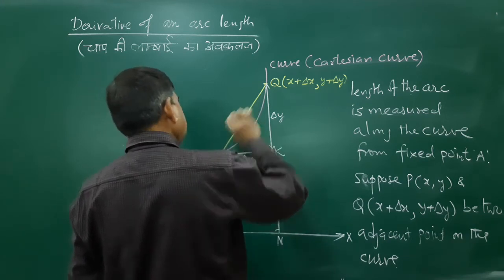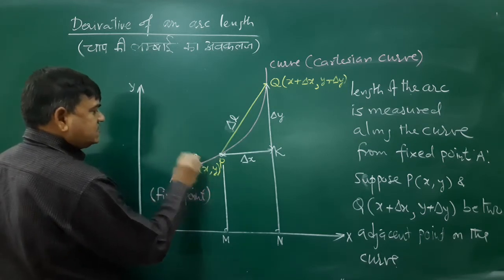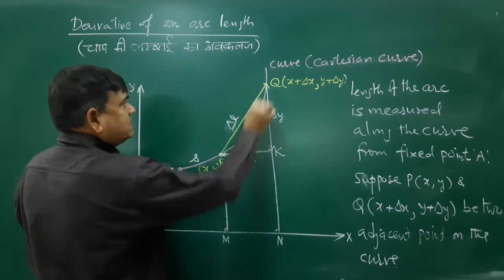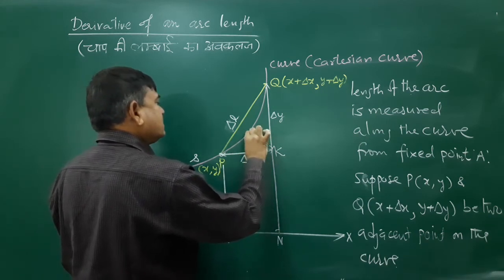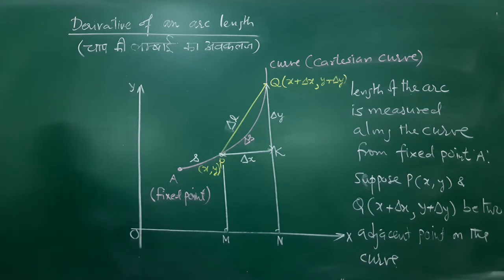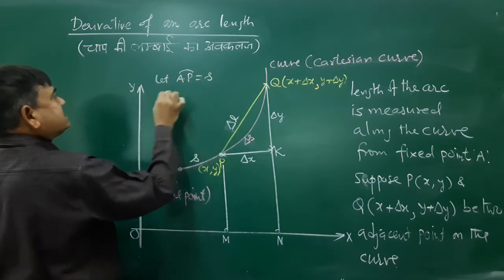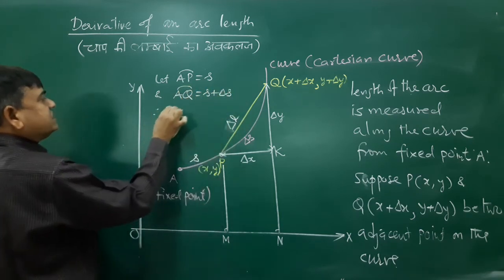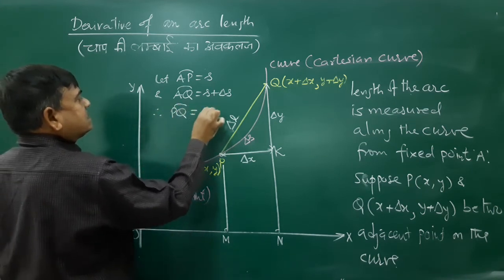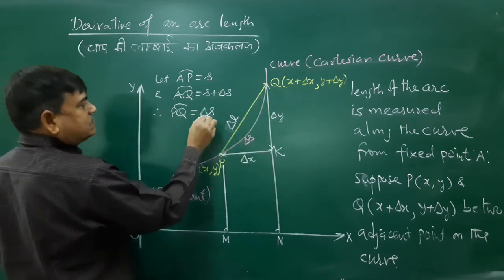And the arc AP, suppose this is S and this is delta S. This length is delta S. Let AP is S and AQ is S plus delta S, therefore arc PQ is delta S. Arc PQ, this will be this minus this, so this length is this one.